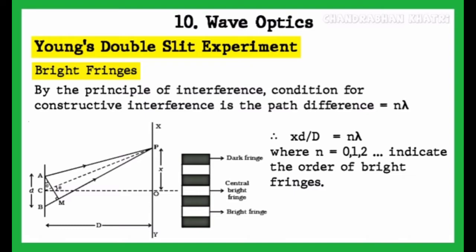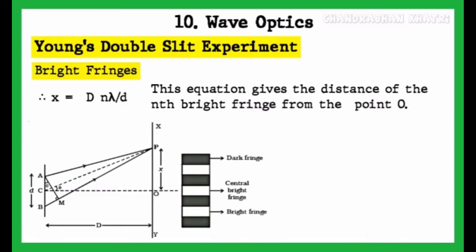Bright fringes. By the principle of interference, the condition for constructive interference is that the path difference is equal to n lambda. We know that path difference is given by x small d upon capital D. That is equal to n lambda in case of constructive interference, where n is equal to 0, 1, 2 and so on, indicating the order of bright fringes.